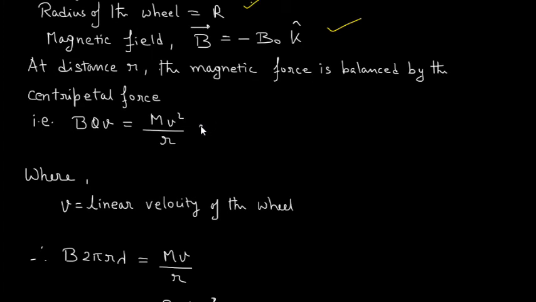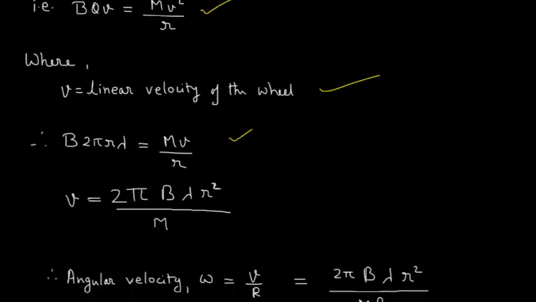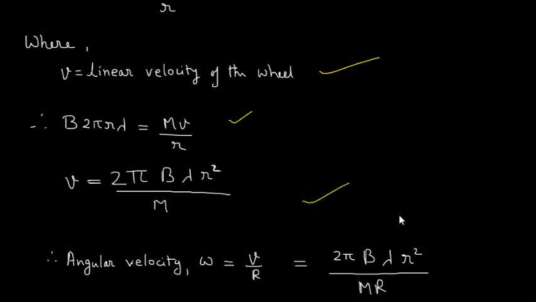B q v is equal to m v square by r, where v is the linear velocity of the wheel, and putting the values we get B 2 pi r lambda is equal to m v by r. Therefore v is equal to 2 pi B lambda r square by m. Angular velocity omega is equal to v by r. Therefore, putting the value of v here we get 2 pi B lambda r square by m r.